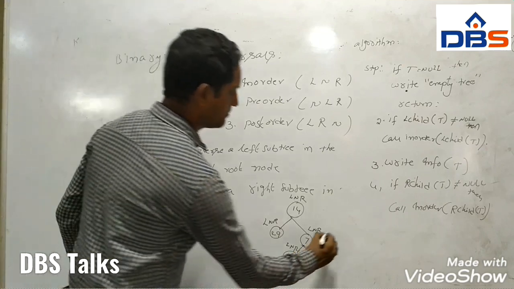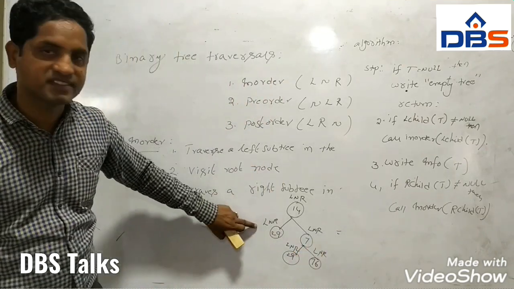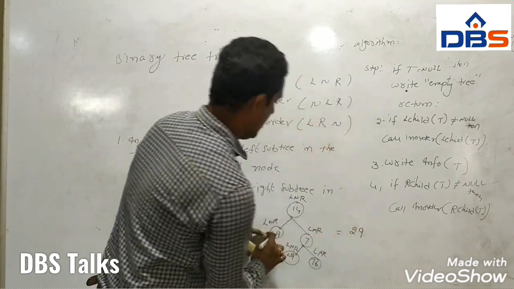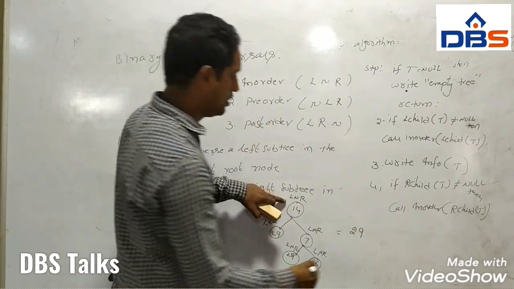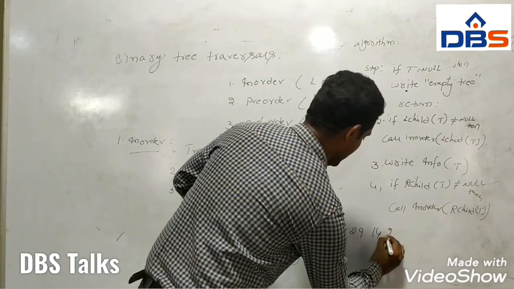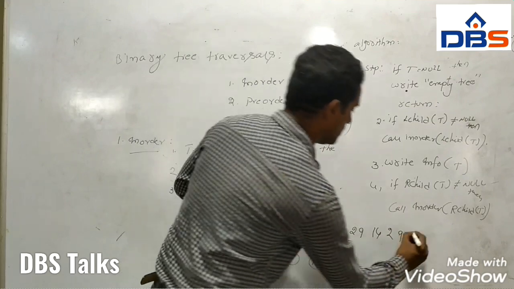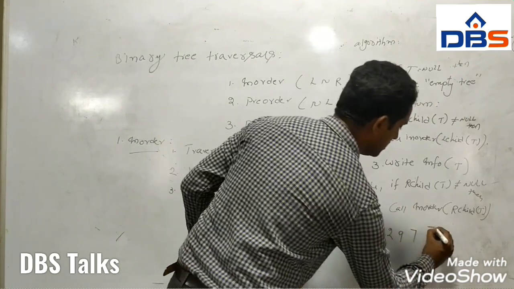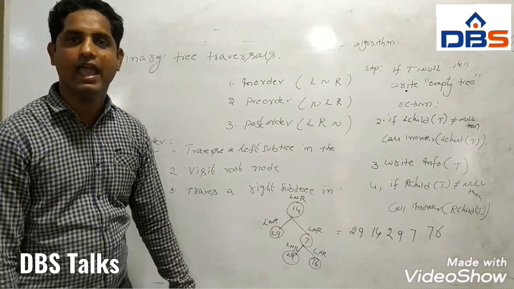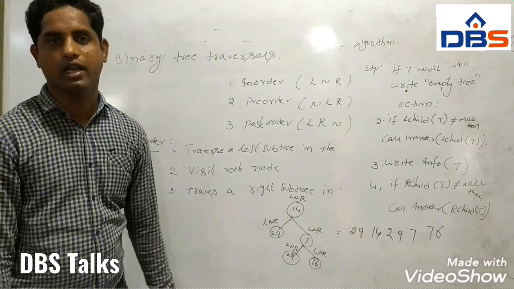See, the order is, first we go for the left side, that is 29. Next is the root node, like 40. Next go for the left, 29. Next go for the root, 7. Next go for the right, 76. Like that we can arrange the elements in inorder.